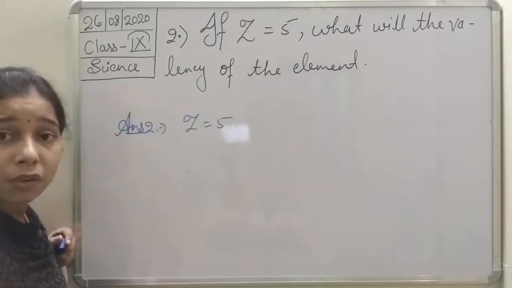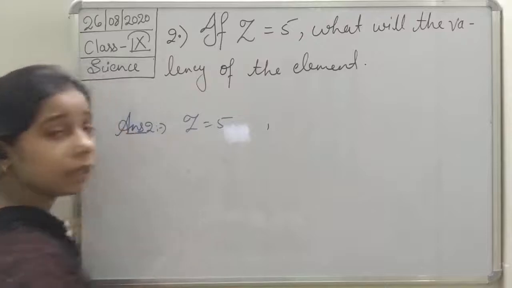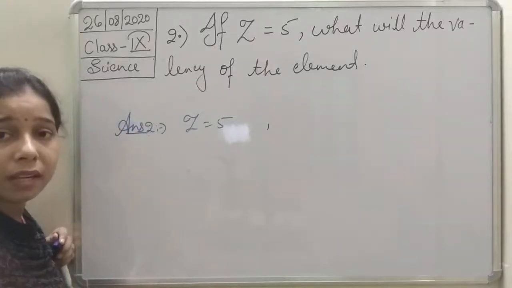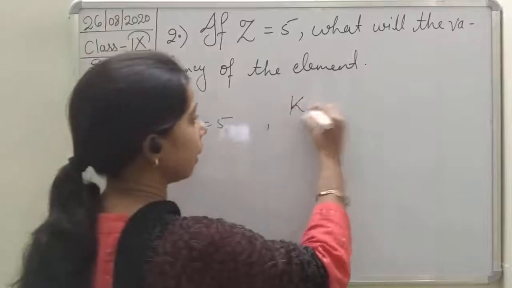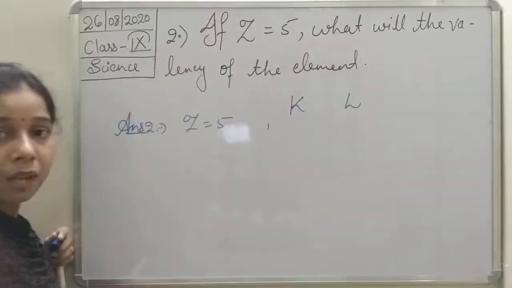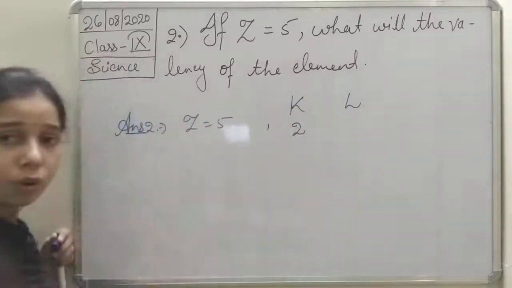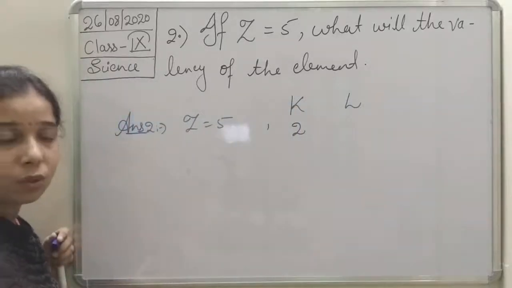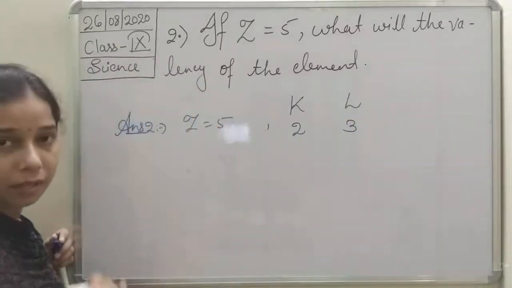Right, now how will you find the valency? At first what we will do, we will try to find the electronic configuration of the given particular element. How many electrons will be there in the K shell, students? That is 2. And the rest of the 3 electrons will enter into the L shell. So it will be 2, 3.